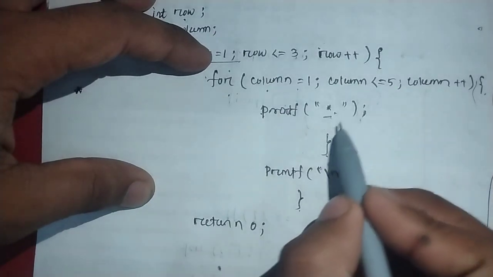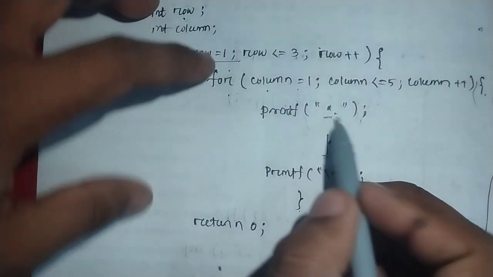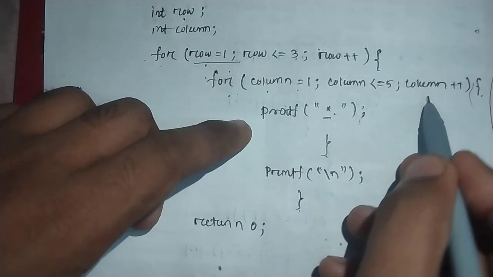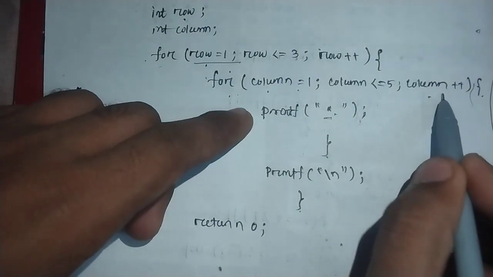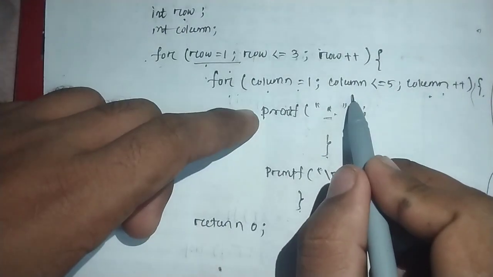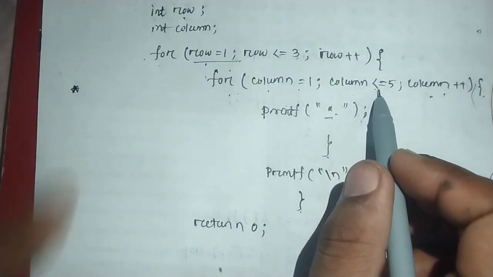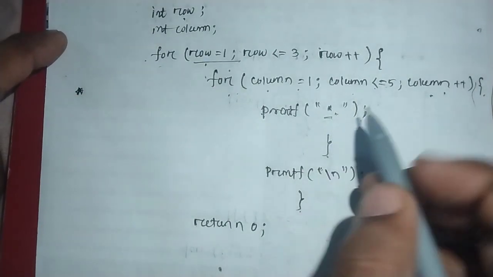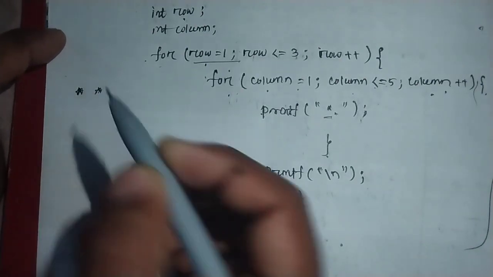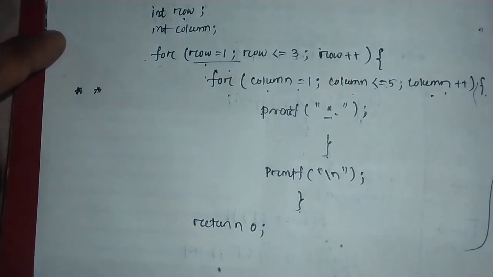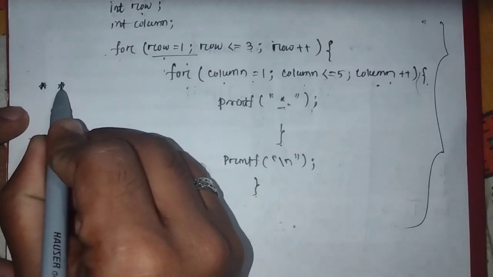In the first iteration of the inner loop, it will increment column 1 to column 2. So it will check: is column 2 less than or equal to 5? Yes, so it will print the next element.